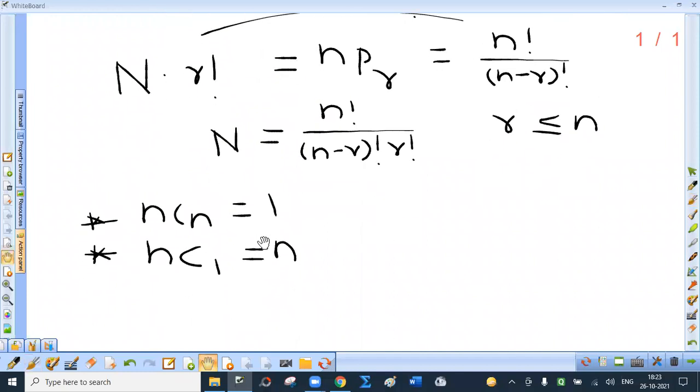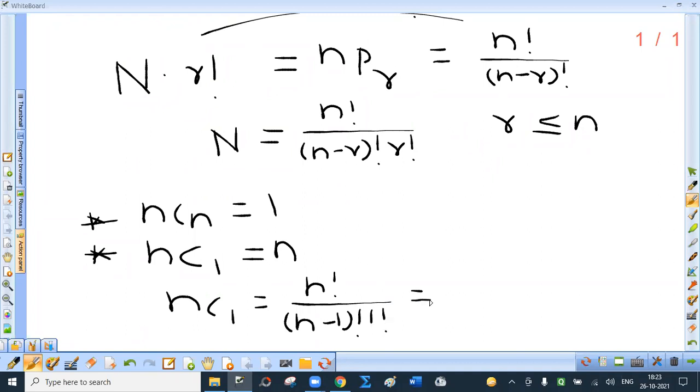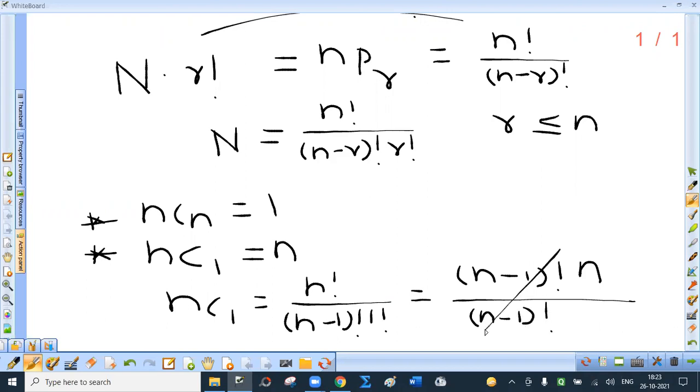So nC1 as per the formula is n factorial upon n minus 1 factorial into 1 factorial. Now what is n factorial? Factorial of any number is that number into the factorial of 1 less. So n into n minus 1 factorial upon n minus 1 factorial, which gets cancelled. So what remains is n.